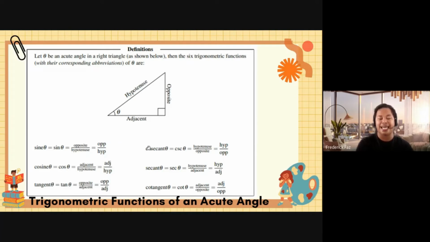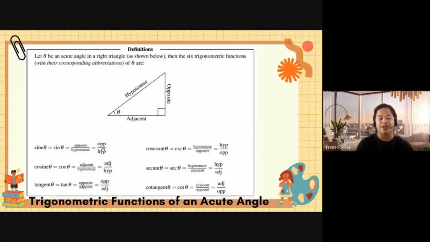So for these three trigonometric functions here, these are the reciprocals of the trigonometric functions at the left po. Cosecant is the reciprocal identity of sine. Secant is the reciprocal of cosine, and cotangent is also the reciprocal of the tangent po. So nakita nyo naman po yung ating mga ratio.